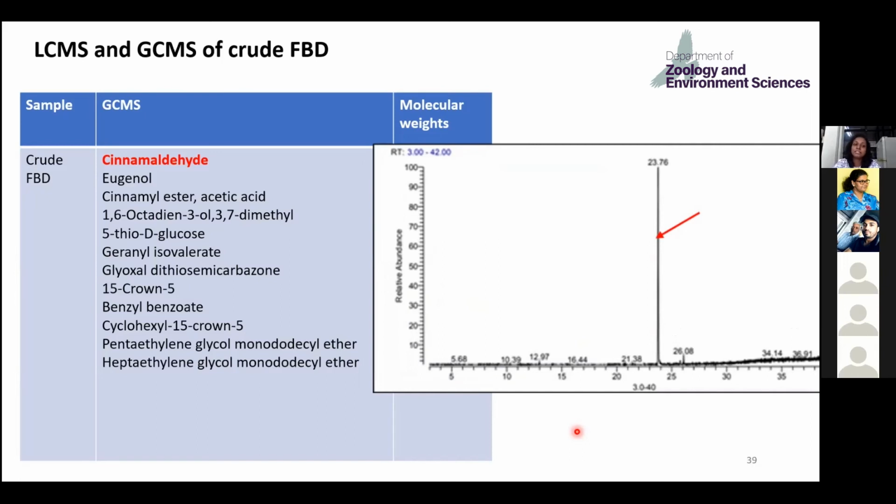So we suspect that cinnamaldehyde is playing a major role in this. Right now we are experimenting on extracting cinnamaldehyde from this distillate. We are planning to use that extracted cinnamaldehyde on the cells and check whether it is really the cinnamaldehyde or the synergistic effect of all these compounds.